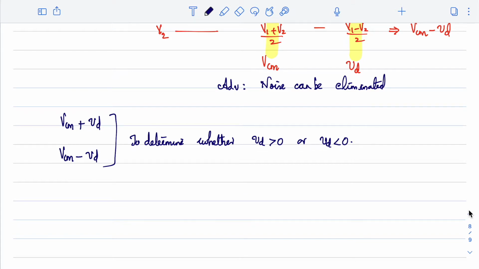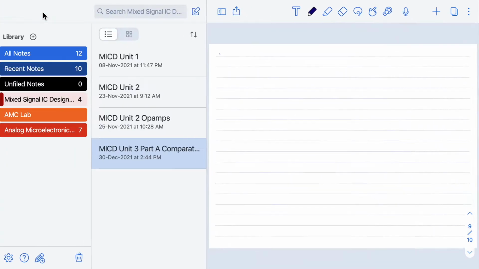Now, since we have the single-ended version with us, how can we think about developing a differential structure for the same? In order to get a differential version, the idea remains the same.